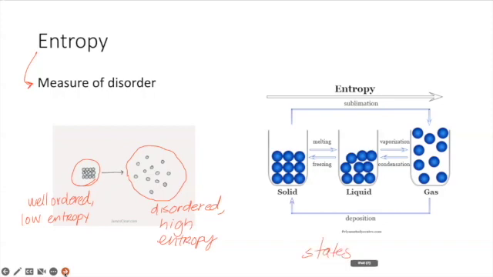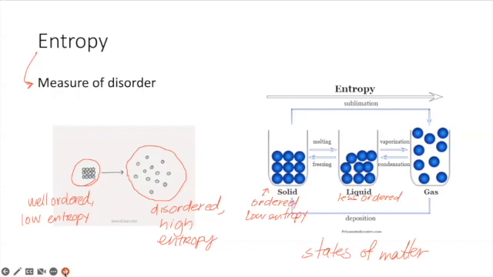So looking at our states of matter, solid has very well-ordered particles, and so it has low entropy. Liquid starts to get a little bit less ordered, and it has a little bit higher entropy.